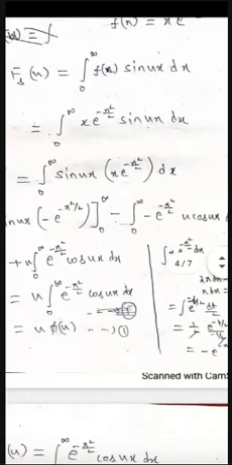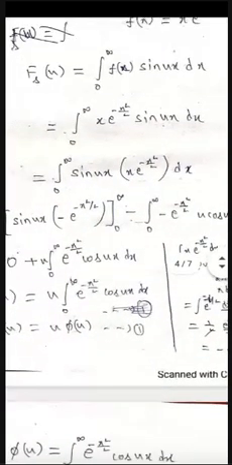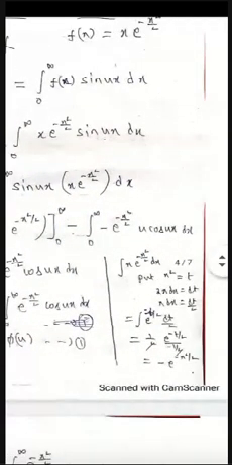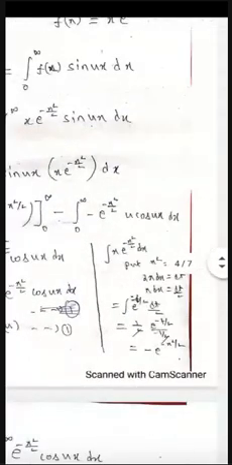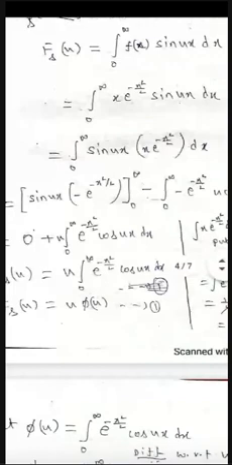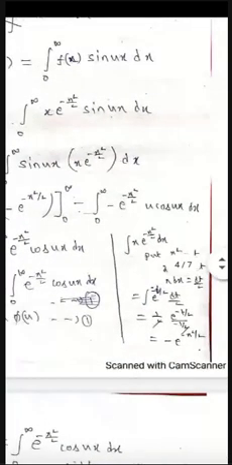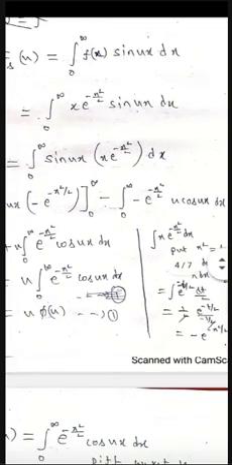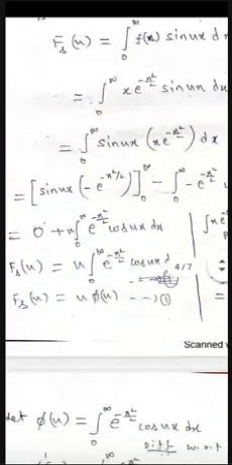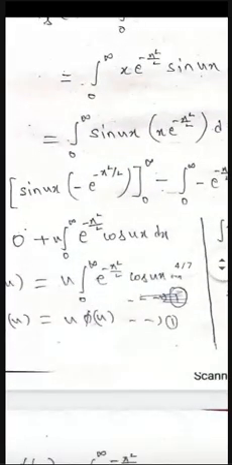Copy and paste it. So now the differentiation of the first function, sine ux derivative. Here u is constant because you are differentiating with respect to x. So u constant, u cos ux dx. So you can take u outside, right? And if you apply the limit 0 to infinity for the first term, e power minus infinity comes, because in the place of x only you have to substitute, because you are integrating with respect to x.